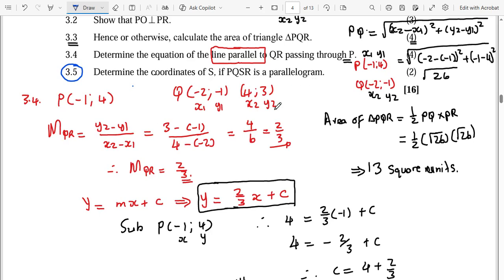I want you to try and work around this question. The coordinates of S should be 3 and minus 2. So this is the answer. You need to go and research how we got to that answer.